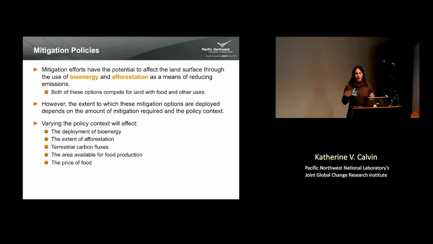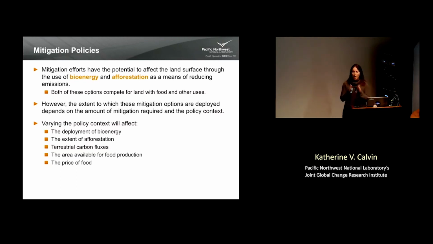Is bioenergy allowed on a large scale or not? Varying this policy context will end up affecting the deployment of bioenergy, the extent of afforestation, terrestrial carbon fluxes, the area available for food production, and the price of food. It also plays out in the energy system, so you would have differences in prices of energy depending on what you do. That's what we wanted to explore.